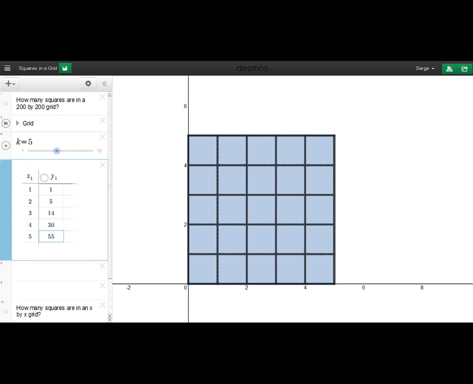Okay, so that gives us a good starting point, but we don't want to continue this way to get up to a 200 by 200 grid. So we are going to try to fit a curve to these numbers. And we're going to use the Desmos curve fitting.